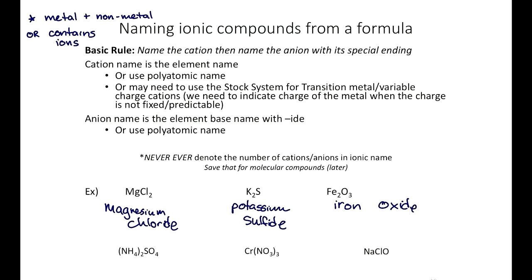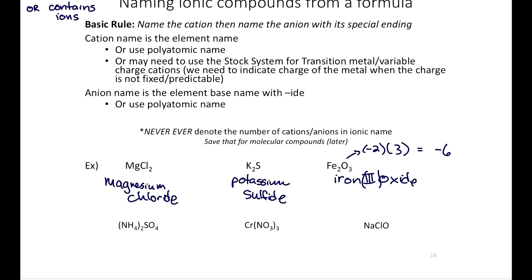Can we figure out what the charge of the iron is? Yeah, if we deduce it. Do we know what the charge of the oxygen is? Yes, we do. Oxygen is a -2 anion, but how many are there? There's 3, so there's a total of -6 coming from anions. So can you tell me what the charge of iron is? It's +3, because there's 2 irons. Each of them contributes 3 to give a +6, cancelling that out. So this whole name is iron(III) oxide. All right, next one. What is that?